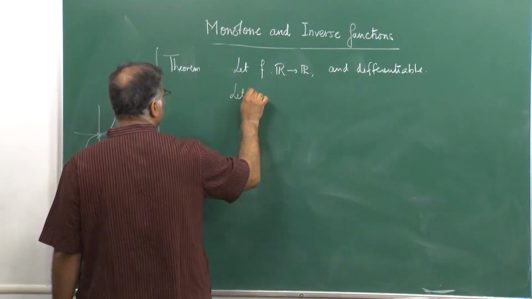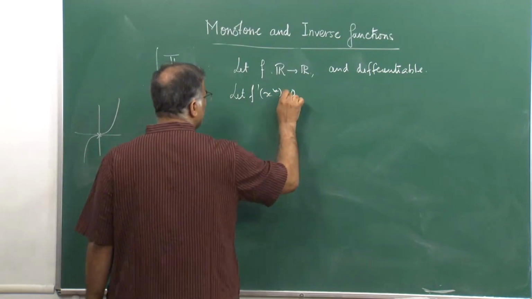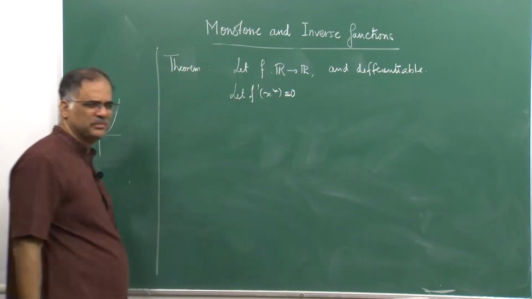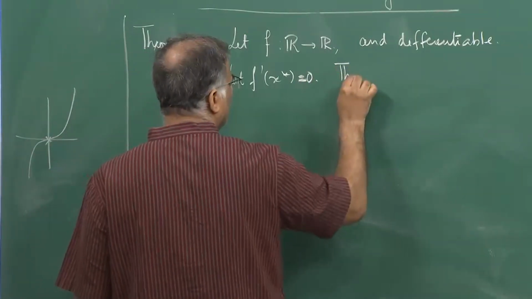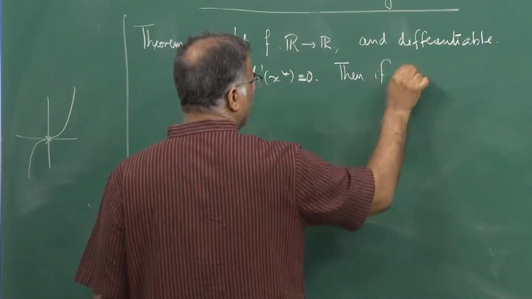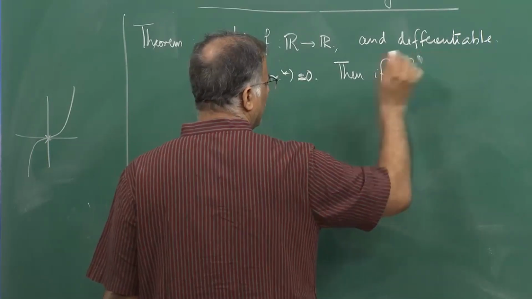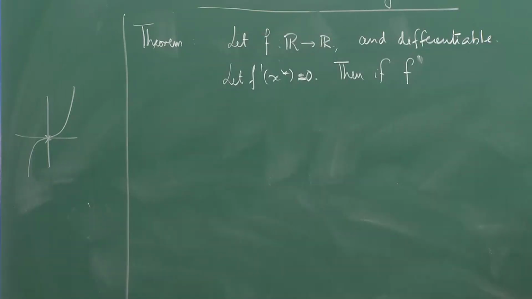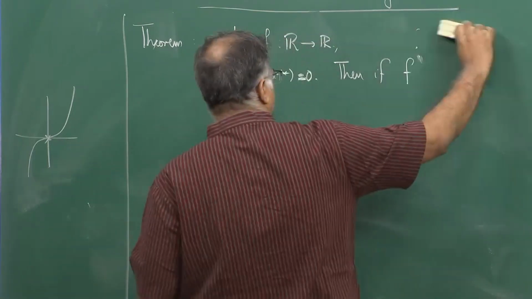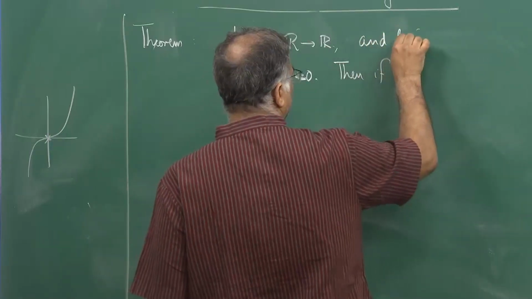Let f dash x star is equal to 0. So, x star is a critical point. Then if f is, maybe I should write f is twice continuously differentiable.